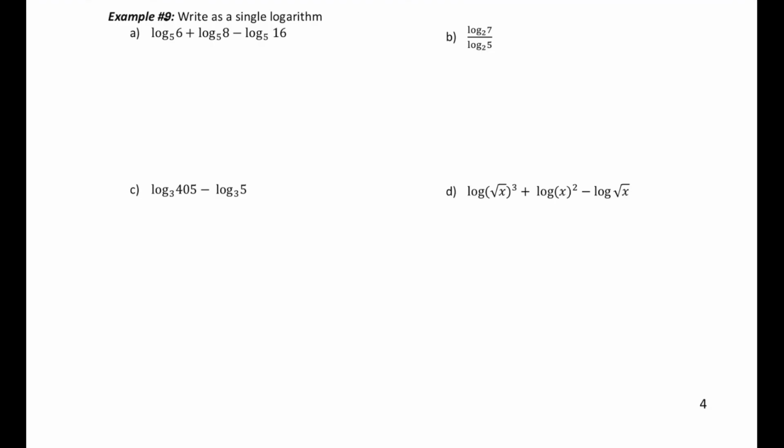So question A, we have logarithms with the base 5 and we have different sets of numbers, and we have positive and negative, right? So it means we're going to use the product rule and quotient rule to simplify this. So I'm going to write it here. The product rule and the quotient rule.